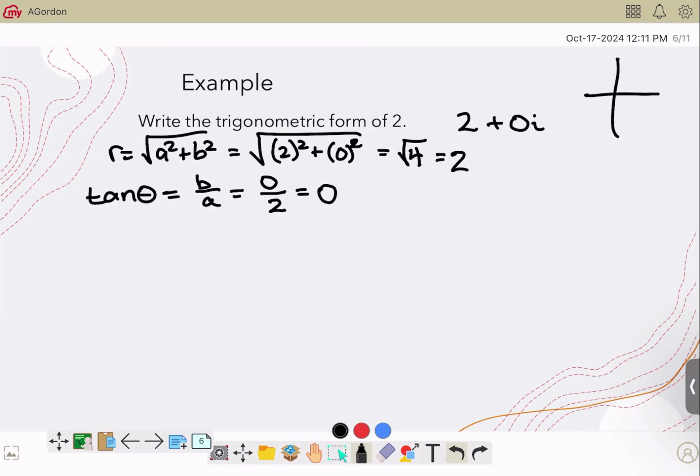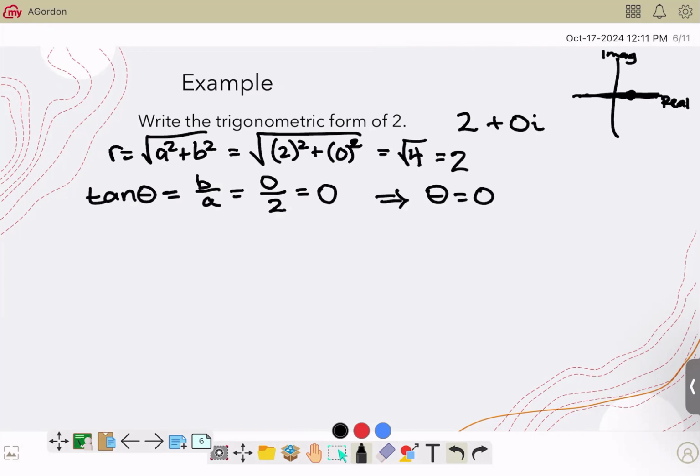Let's also do a quick plot of this number. 2 is just a real number, so it'll be here, not going anywhere on the imaginary axis. If I plot 2, it's right on my x-axis here, and that angle there is 0. So theta has to be equal to 0. Tangent of 0 is 0, so theta is equal to 0.